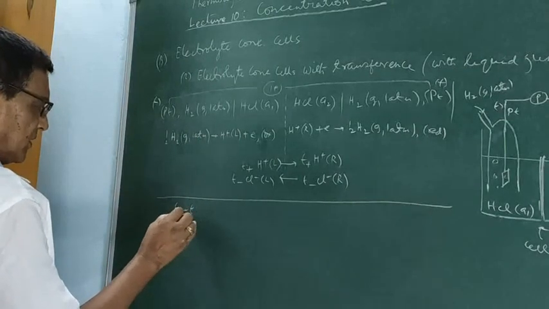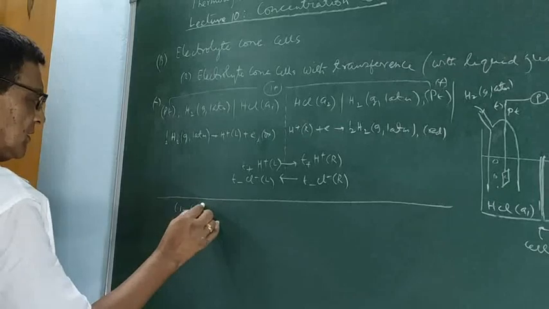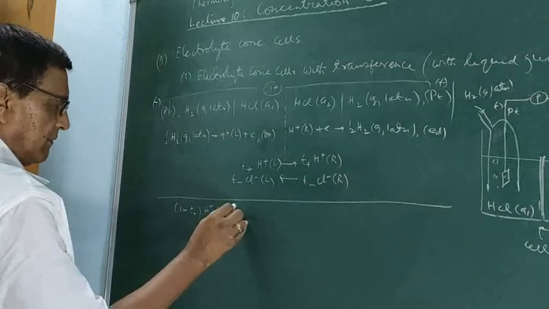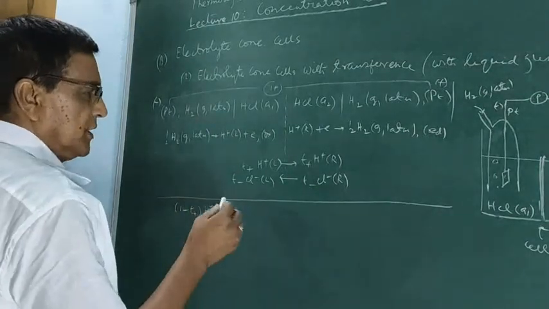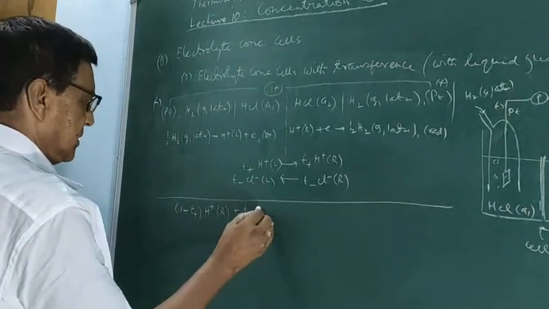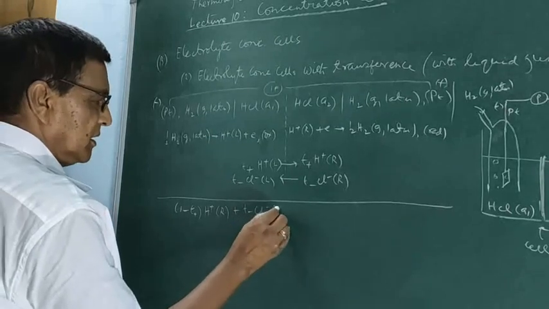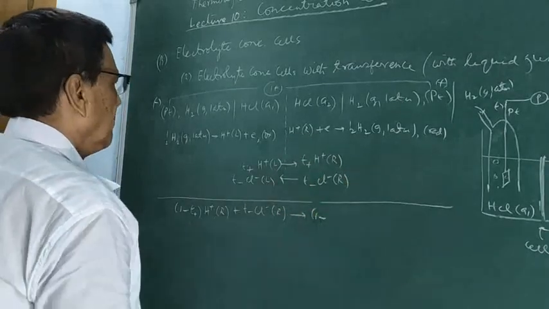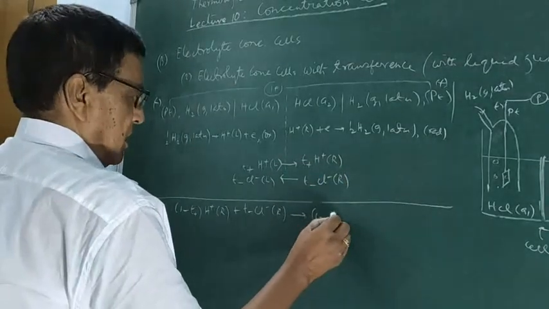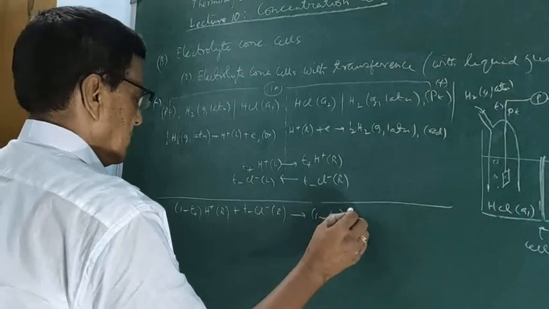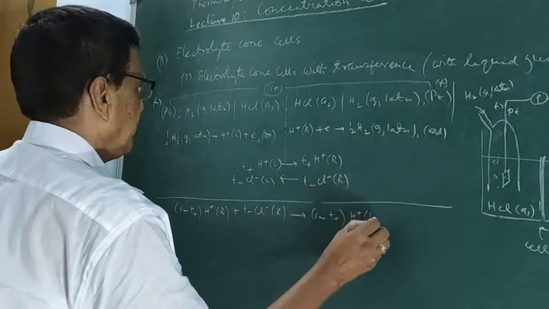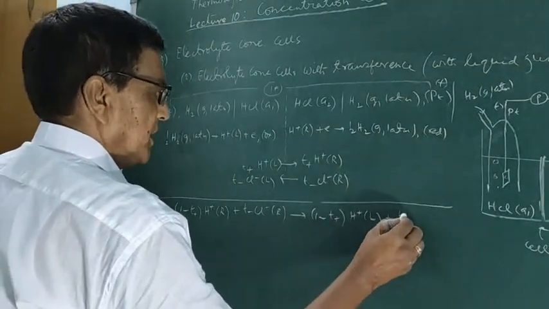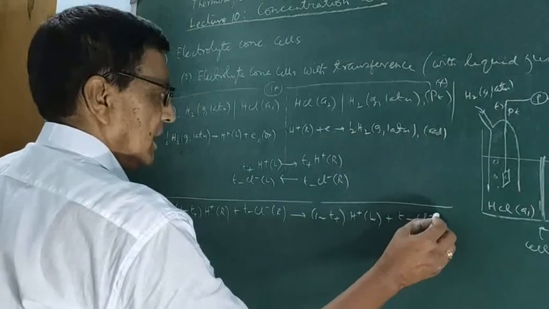We get (1 minus t plus) hydrogen ion on the right plus t minus chloride ion on the right, giving (1 minus t plus) hydrogen ion on the left plus t minus chloride ion on the left.